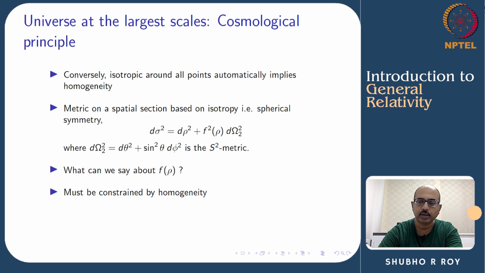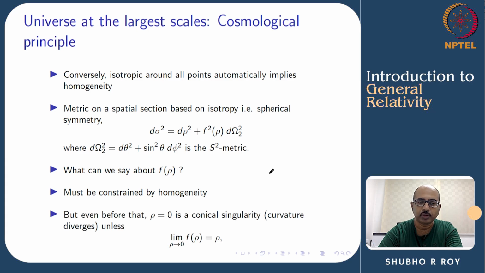But even before we use homogeneity to constrain this, something is completely obvious: if you have a metric of this form and you compute the Riemann and the Ricci curvatures respectively, one can show that at rho equals 0, there is a conical singularity. That is, the curvature diverges, unless you choose f of rho to be such a function that in the rho vanishing limit, this must be proportional to rho, or equal to rho, not proportional, equal to rho.